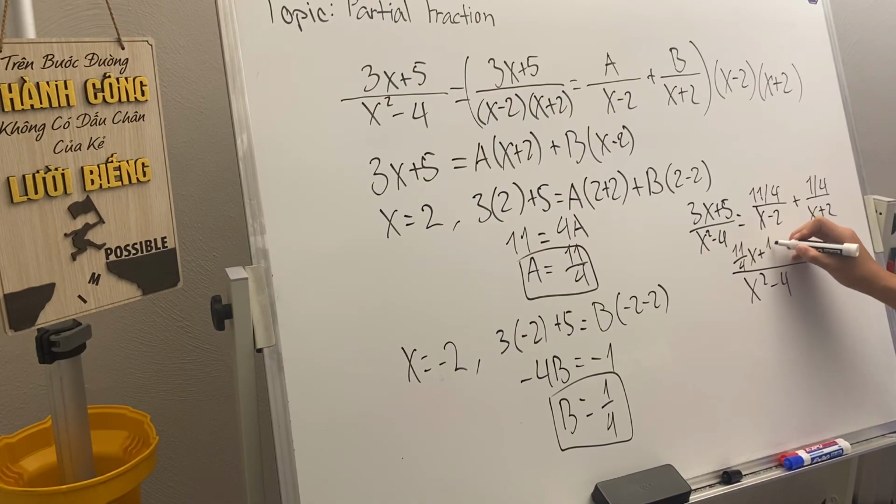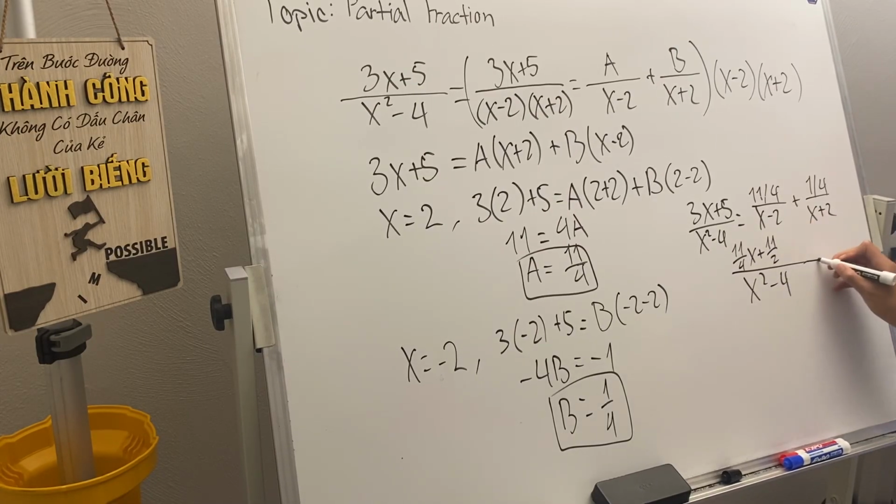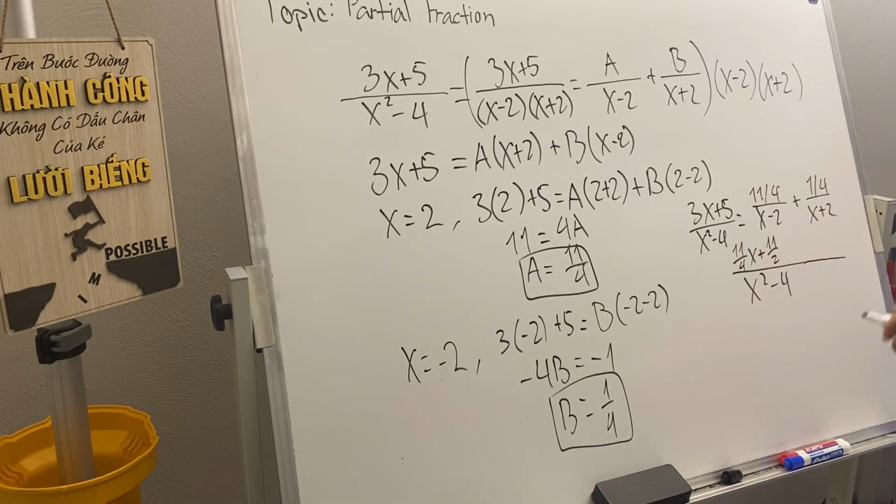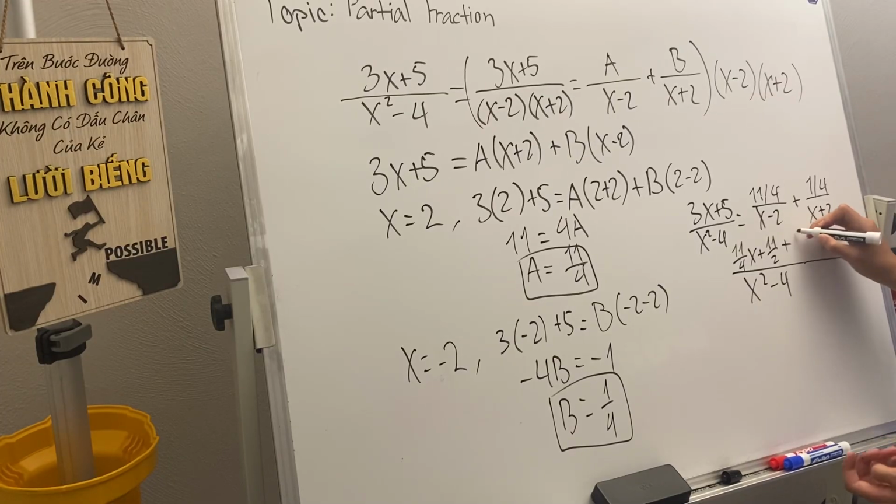So plus 11/2. And this times this, you get 1/4. Plus, so basically x over 4, but let's just write 1/4 x. This times this, you will get minus 1/2.